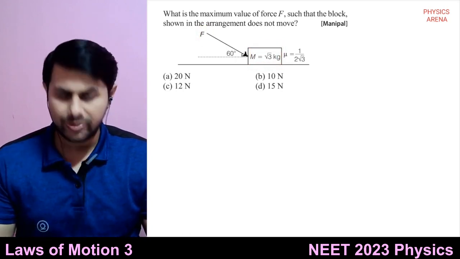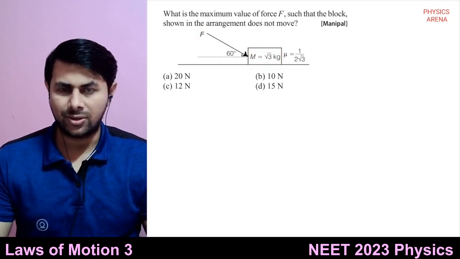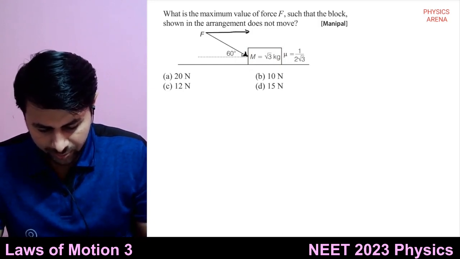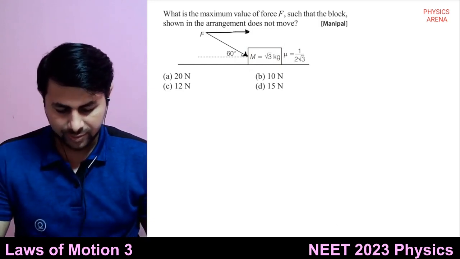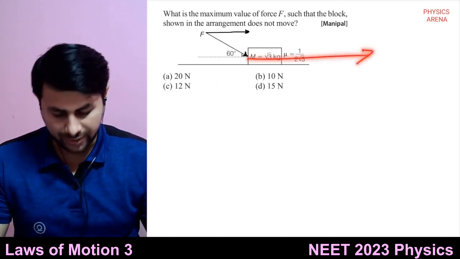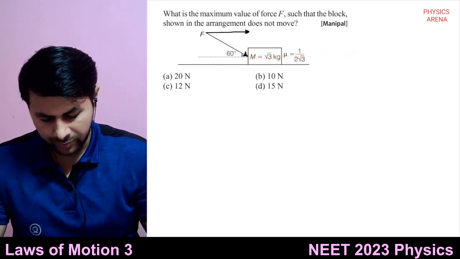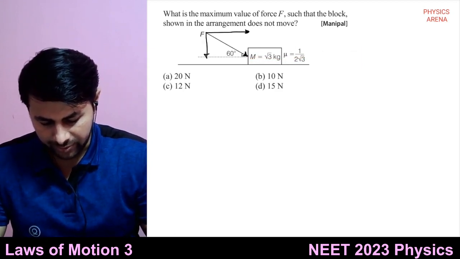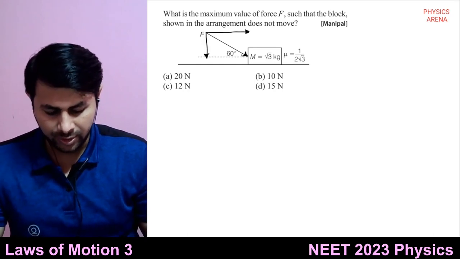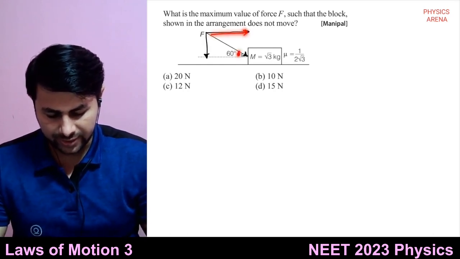Okay, so what will we do? We'll resolve the force along two components. So one horizontal component, which will try to move the block in the horizontal direction towards right, and one vertical component which will be like this. So the horizontal component of this force, so this angle is 60 degrees.